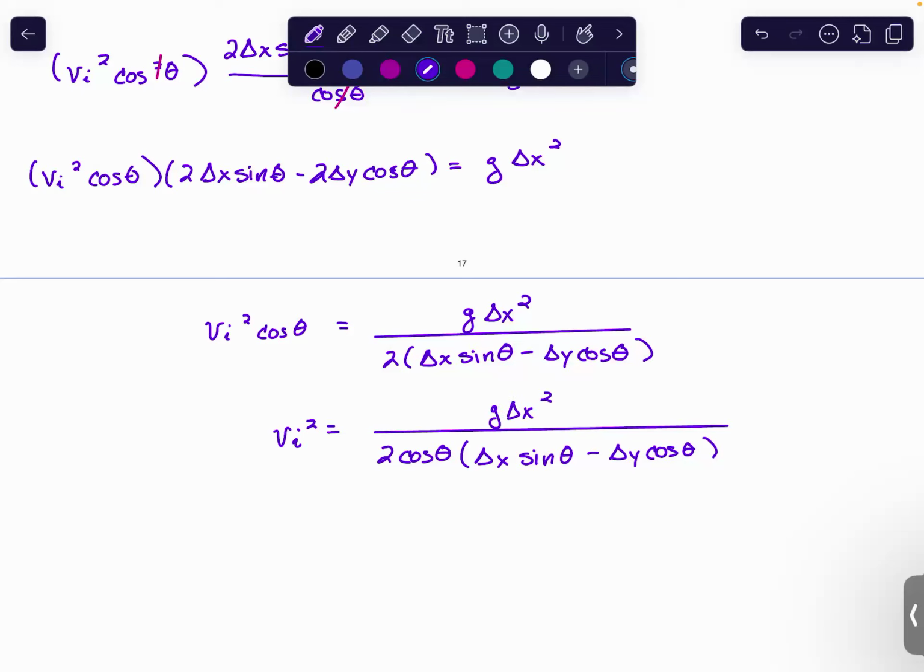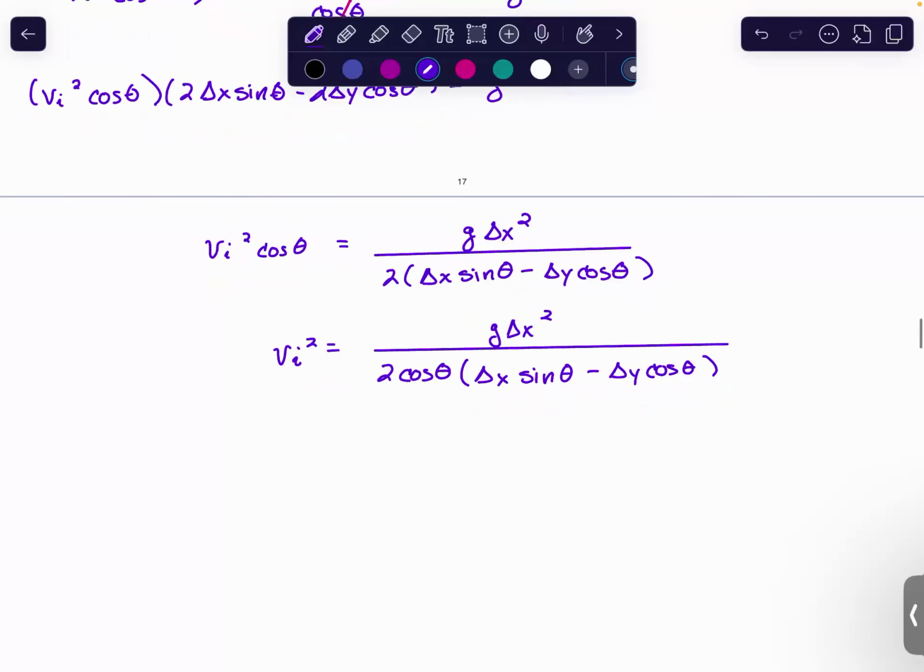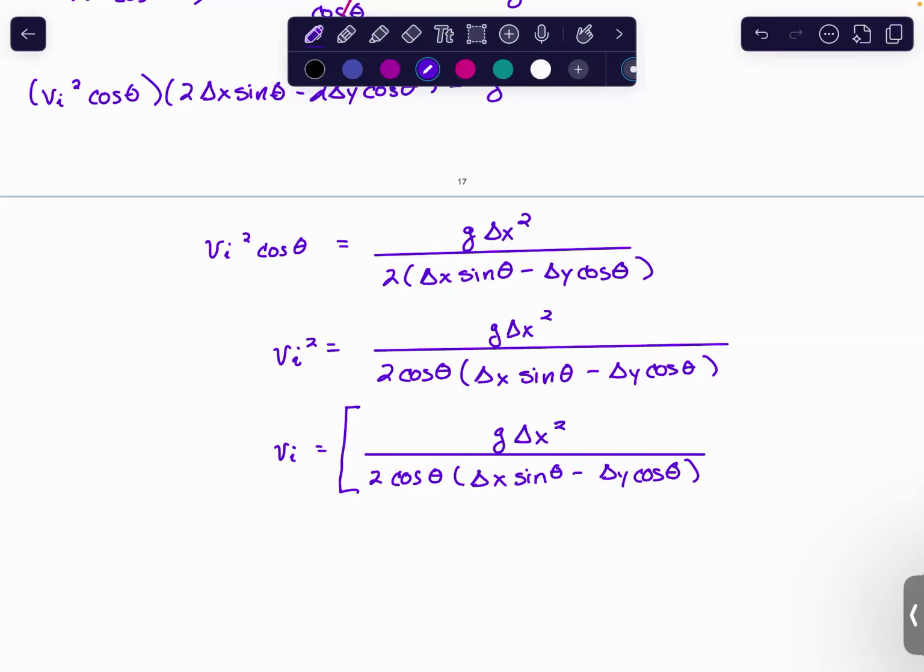And then I end up with the square root of the whole thing. And so we end up where we need to be.